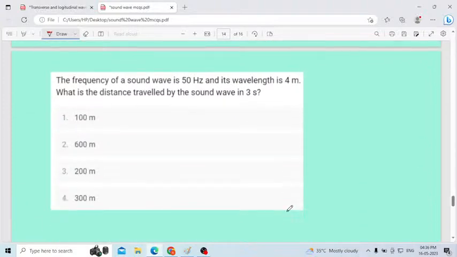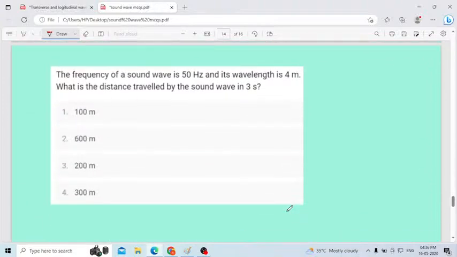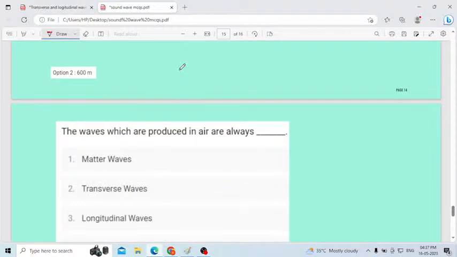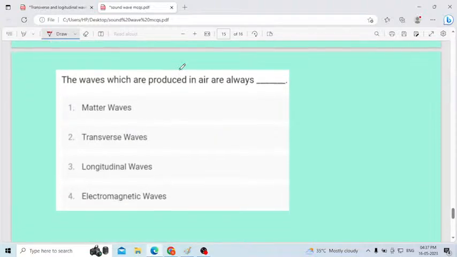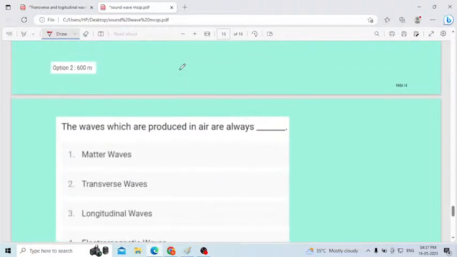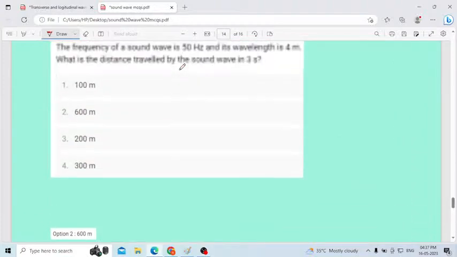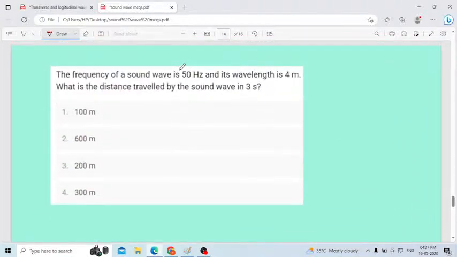Next problem. The frequency of a sound wave is 50 hertz and the wavelength is 4 meters. What is the distance traveled by the sound wave in 3 seconds? I will give this one as homework, because I already solved two problems here.